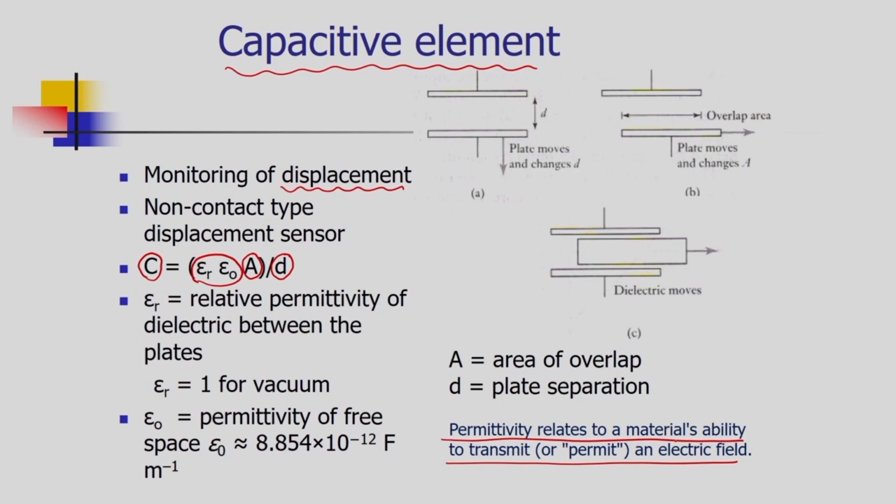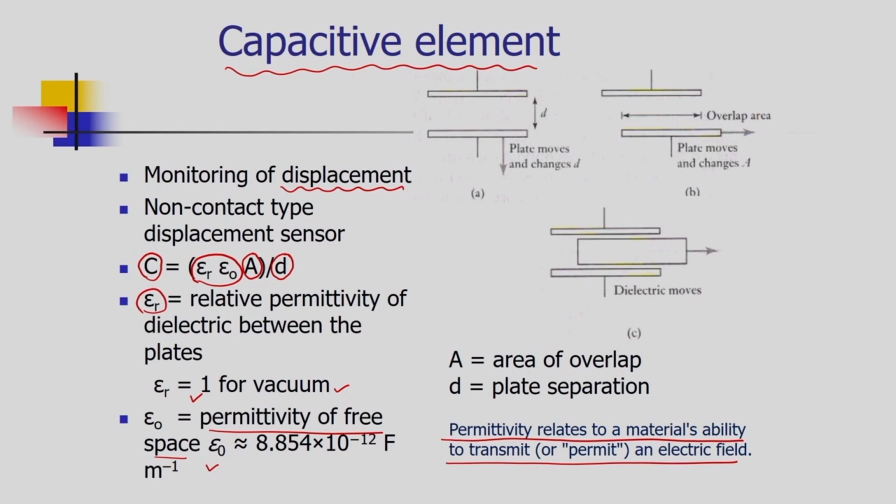The ability of this medium to permit an electrical field is nothing but the permittivity. Here, epsilon r is the relative permittivity of the dielectric medium between the plates and it is considered as 1 for vacuum, whereas epsilon o is the permittivity of free space and the value is shown on your screen.